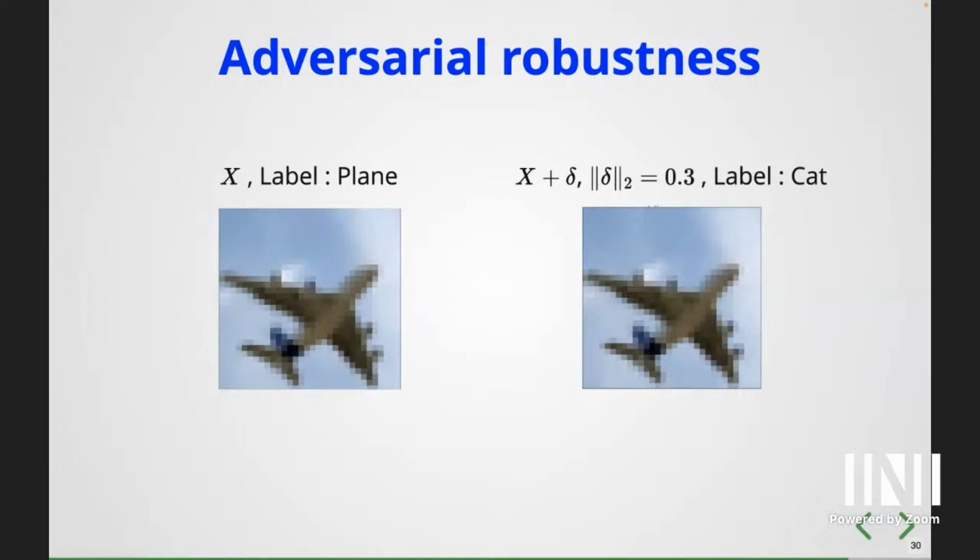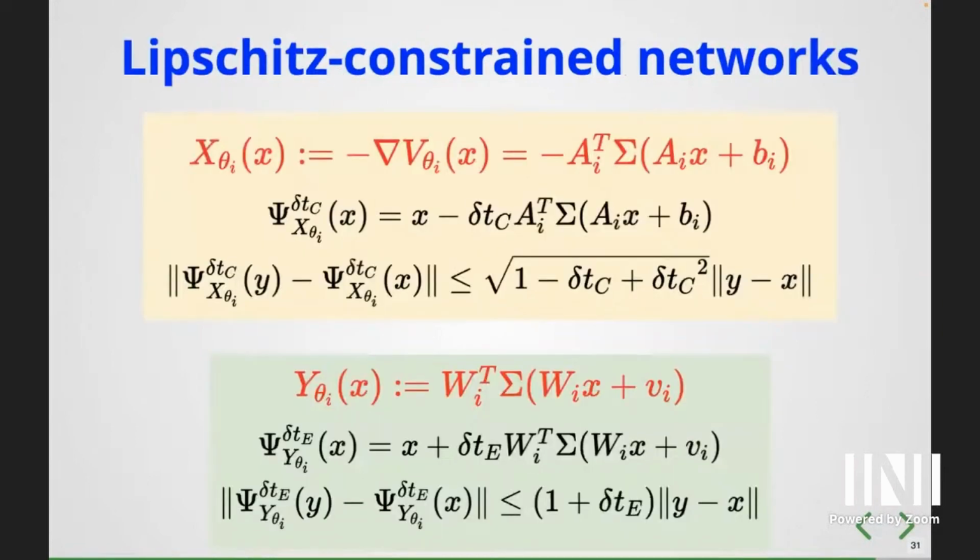There has been quite a lot of effort in trying to show that at least in some way you can improve the robustness. The main idea has been to work with the Lipschitz constant of the neural network and constrain it so that you can improve the sensitivity. So what we did was to create a neural network based on the dynamical blocks that we have seen at the beginning.